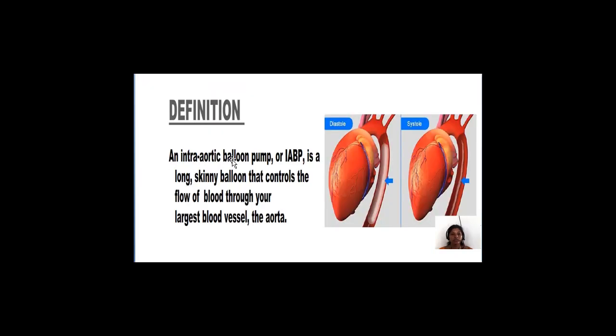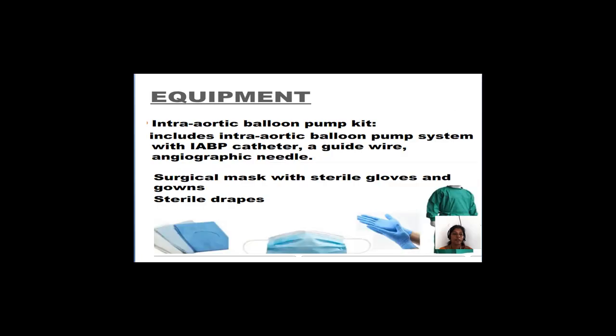IABP is a long skinny balloon that flows through the aorta, which is a large blood vessel, and inflates and deflates during the heart diastole and systole. These are the equipments used during the IABP surgery.